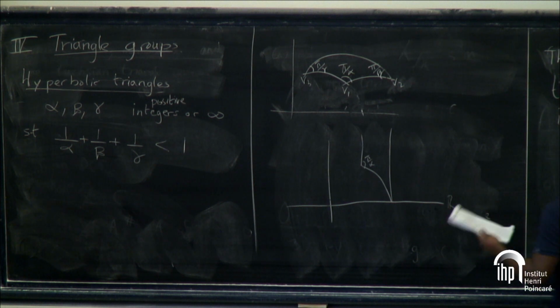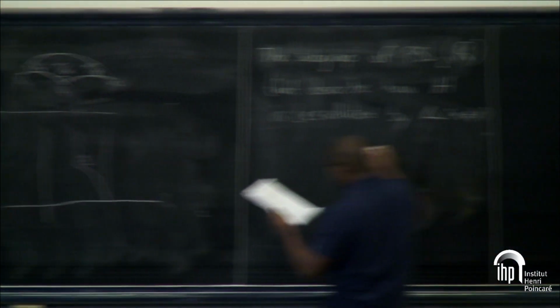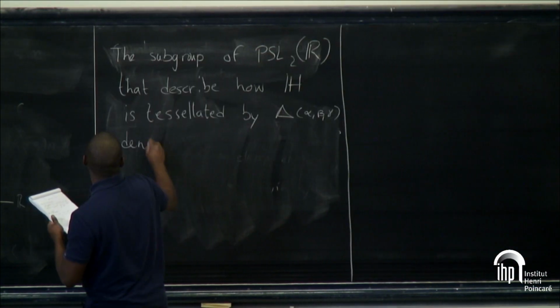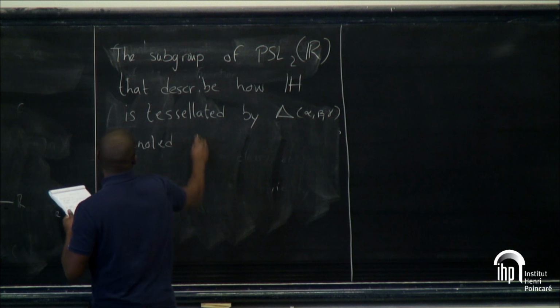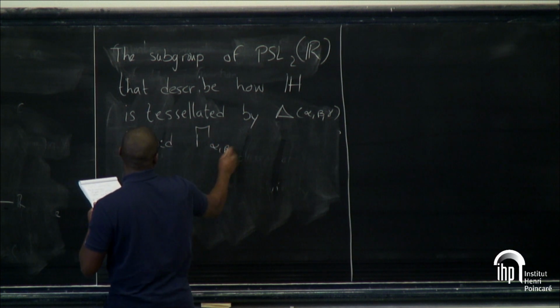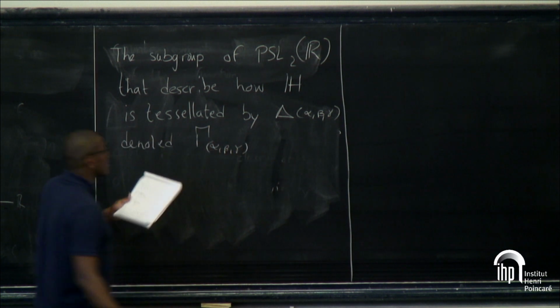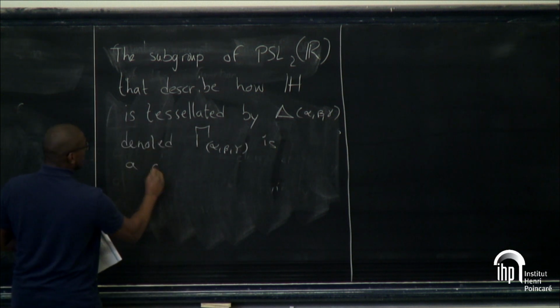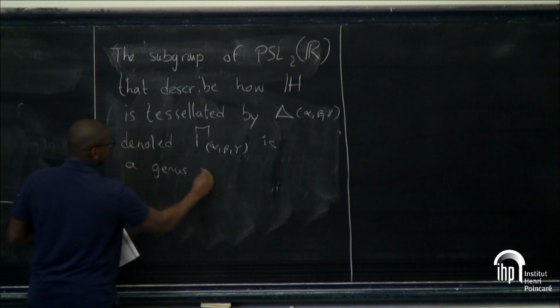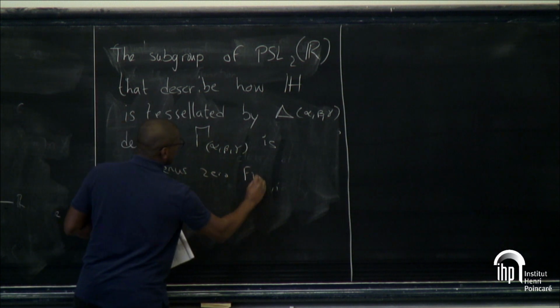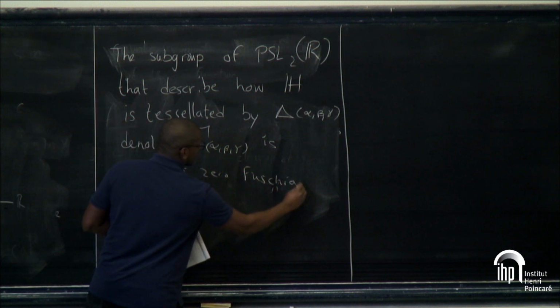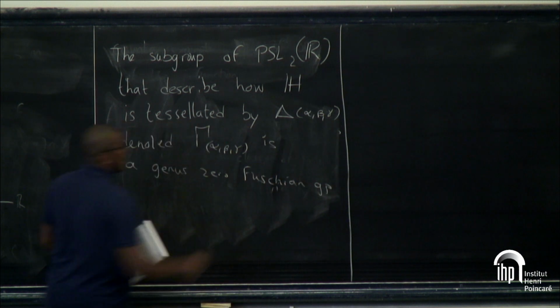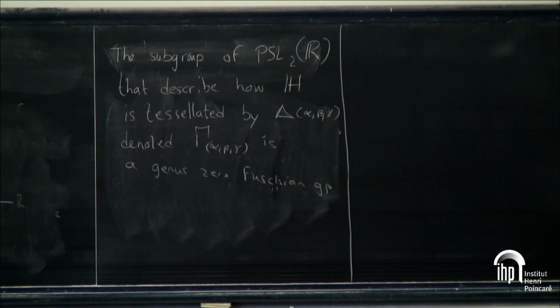So let's look at the triangle given by alpha, beta, gamma. The group is denoted gamma of alpha, beta, gamma, and is a Fuchsian group of genus 0, and called the triangle group, right?